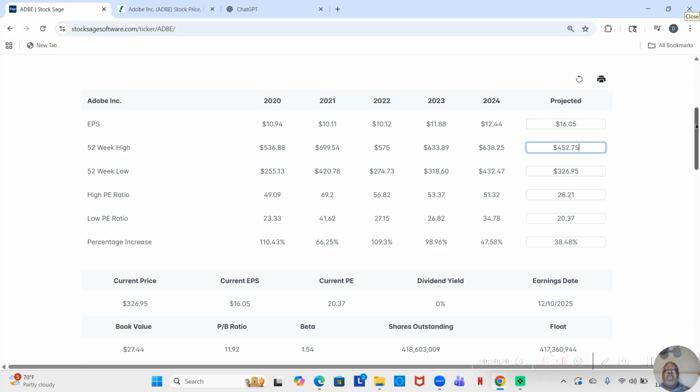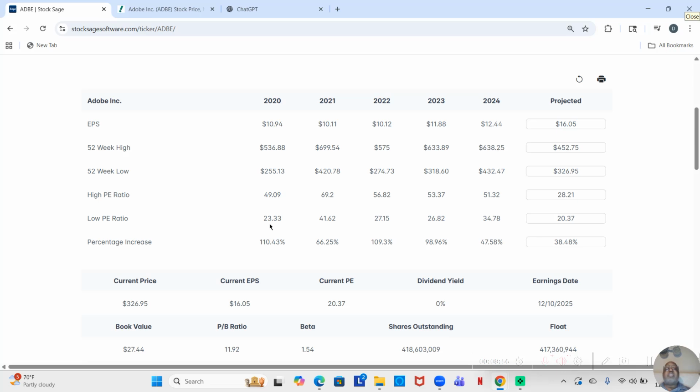However, when would be a safe time to buy this stock? We can't tell that from the stock's low price because the low price is changing every year. But something that's more predictable is the low price earnings ratio, or the low PE ratio.